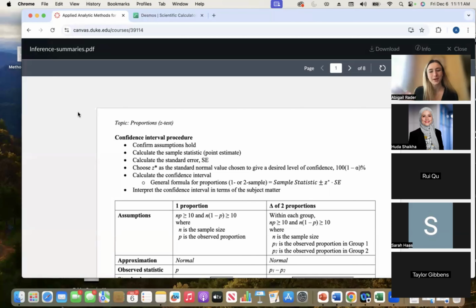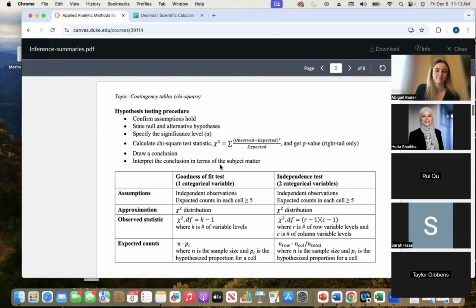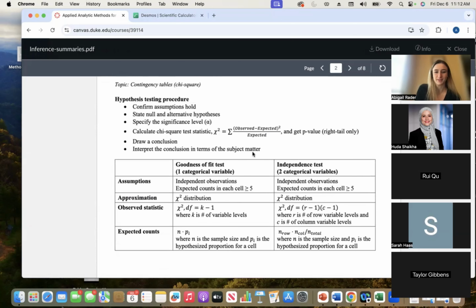So honestly, you probably don't have to write it down, because it has everything you already need. Here it's z-test and it tells you it's proportions, difference of two proportions or one. This one is chi-square, so it tells you if you have two categorical variables versus one. It lists out all the assumptions and also what the different tests are. So for your cheat sheet, I wouldn't spend too much time writing all of this out, because it's already provided for you.